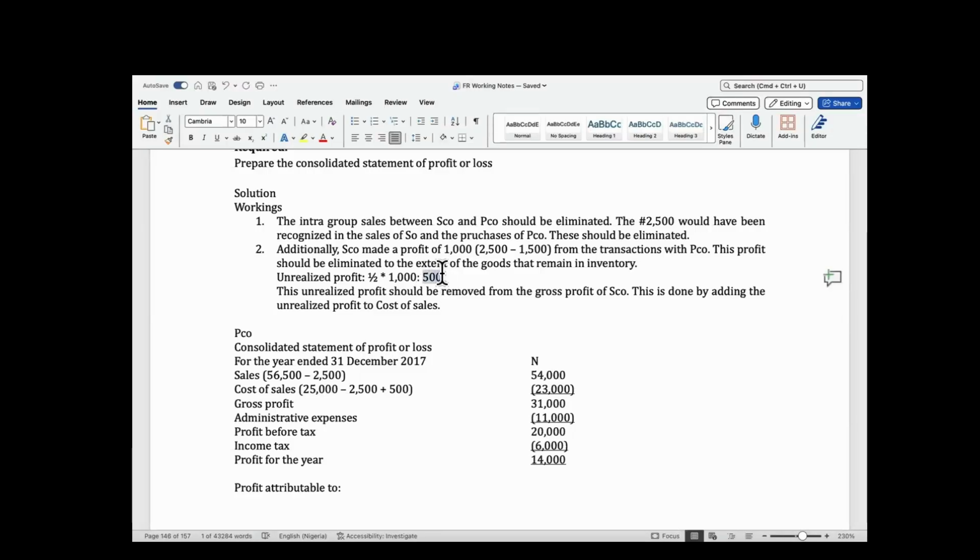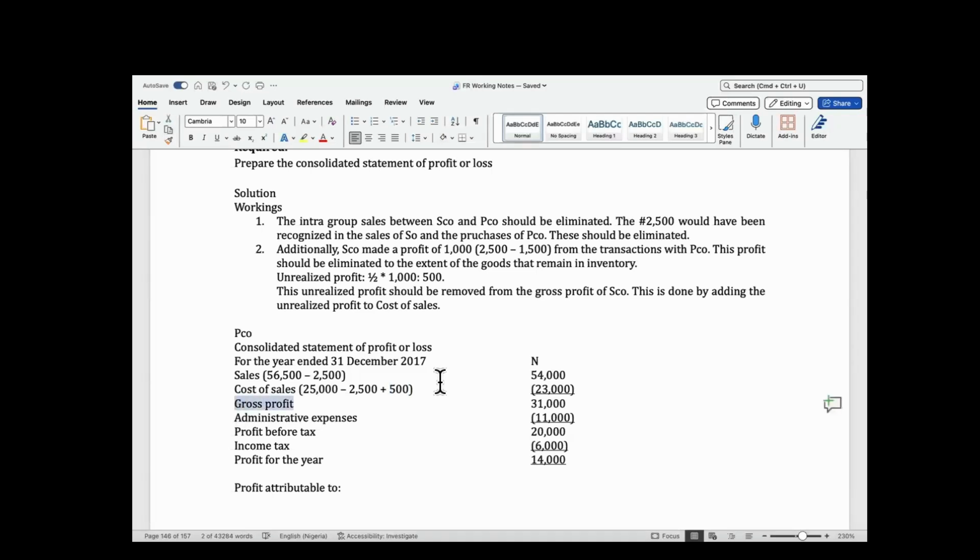But how do we eliminate it? We cannot go and be removing from gross profit. Gross profit is like the resulting figure. So in order to make our calculations easy, we always add it to cost of sales. It's the same thing as removing it from gross profit.